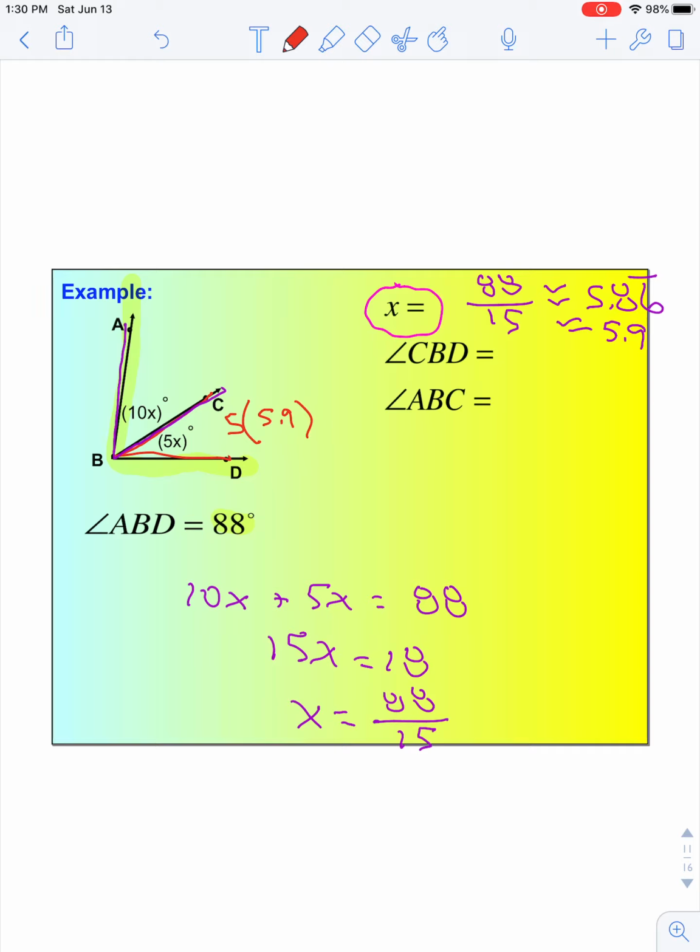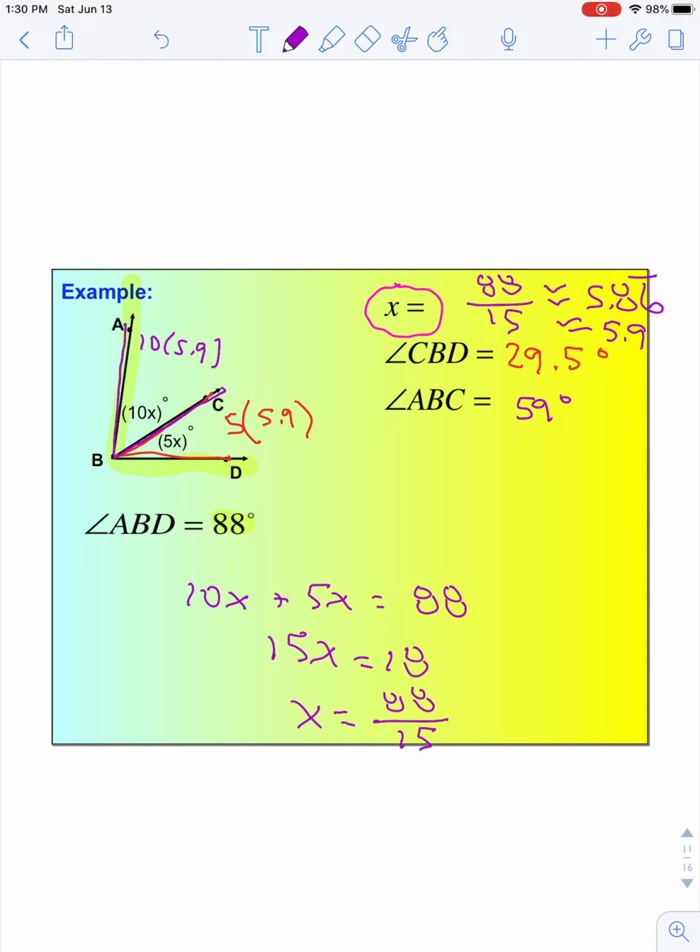When we multiply 5 times 5.9, that would give us 29.5 degrees. And when I find the measure of angle ABC, I can certainly do the same strategy, which is take 10 times 5.9, which is 59 degrees.